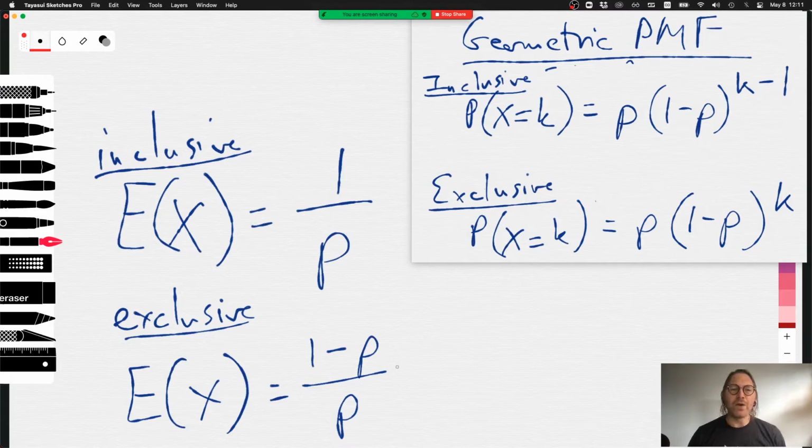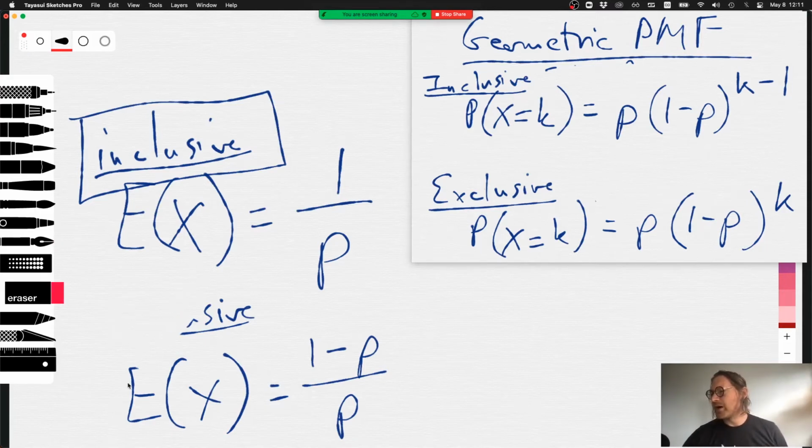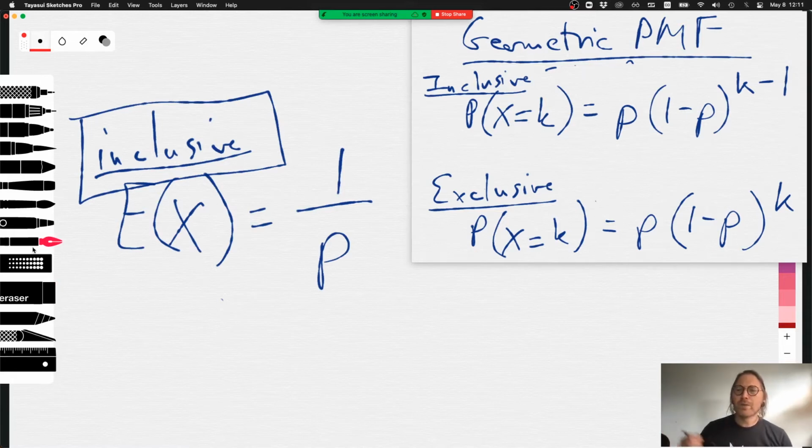So I think we'll go with the inclusive forms, because I think they're somewhat more intuitive for a lot of problems, although in some cases the exclusive form feels more immediate. I don't know. But we'll just use the inclusive forms. There are some other conveniences, very straightforward, simple ways to look at the different moments of our distribution.